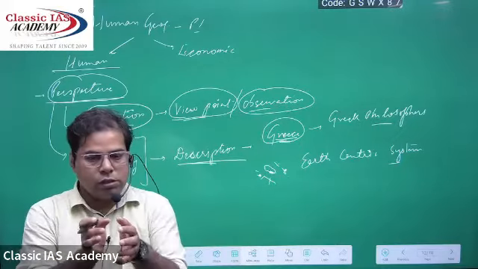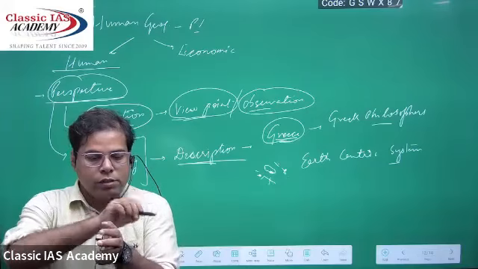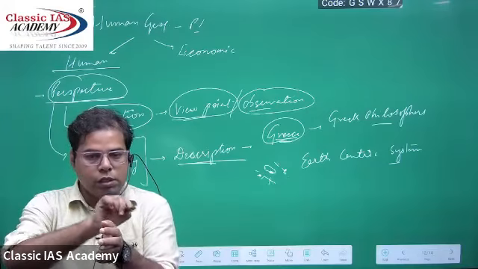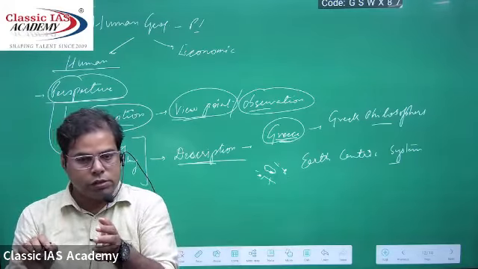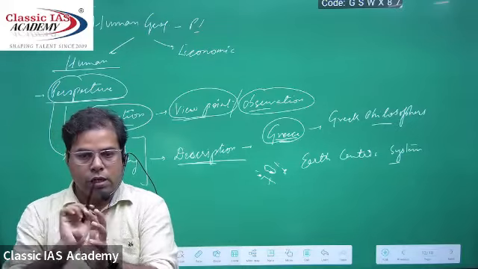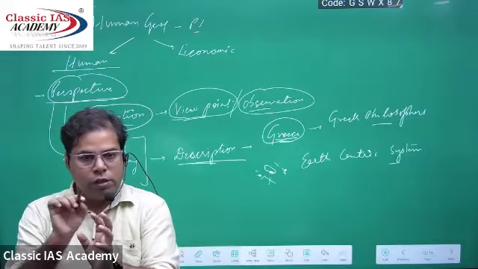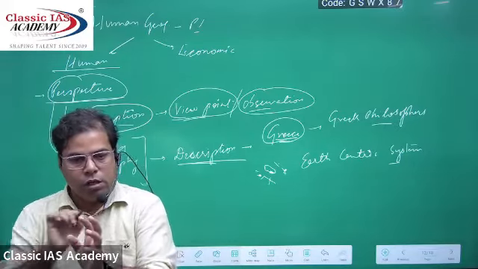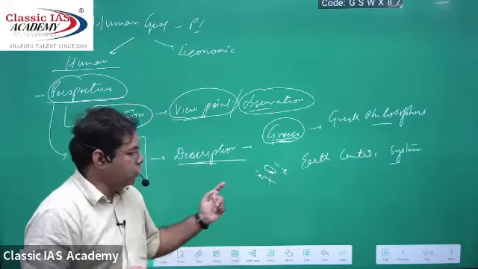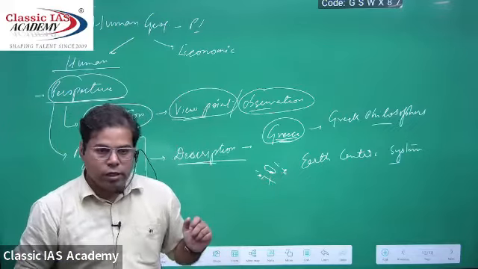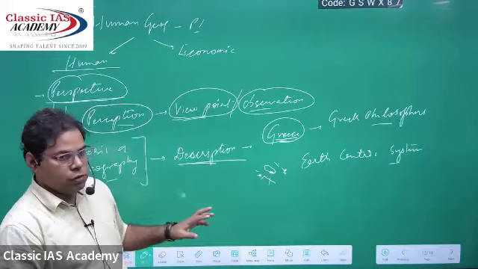The earth is static, the sun rises in the east from the sea and sets in the west in the sea. Rather, the sun is revolving around the earth. Clear? So this was the first description of geography.